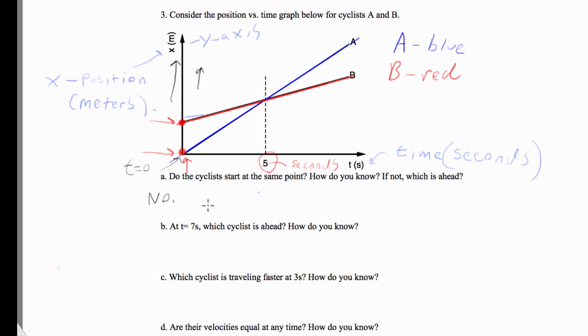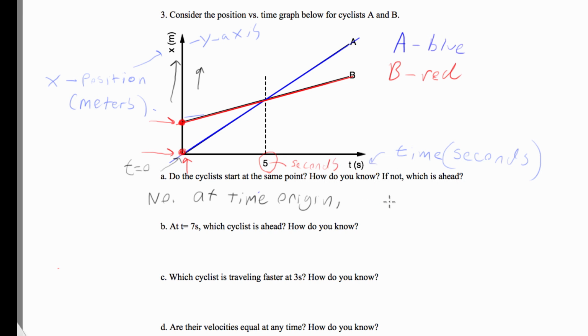But how do I know? I just know that at the initial state, or at time equals 0, or at the time origin. I don't even know if that's a real phrase, but I hope it makes sense.